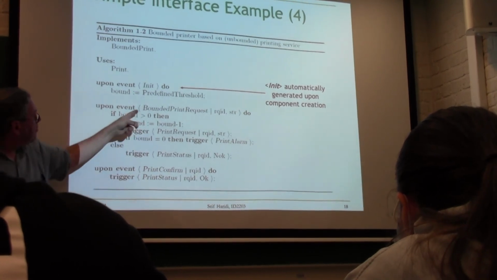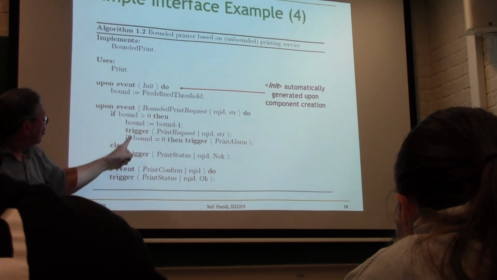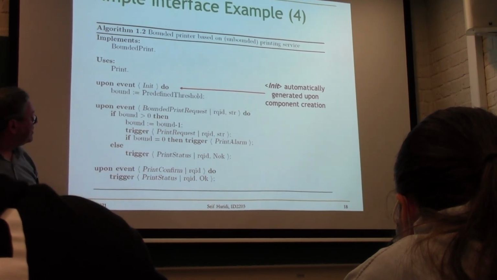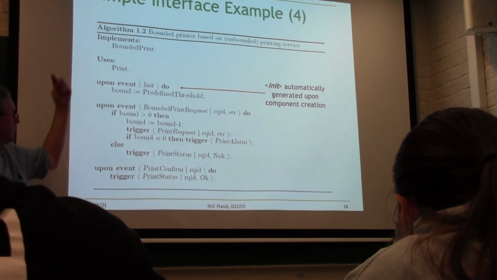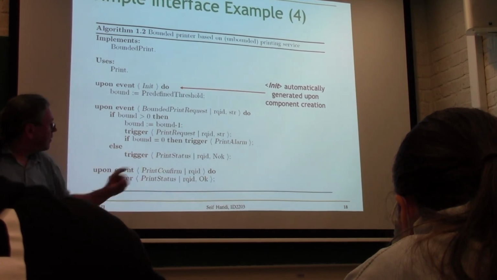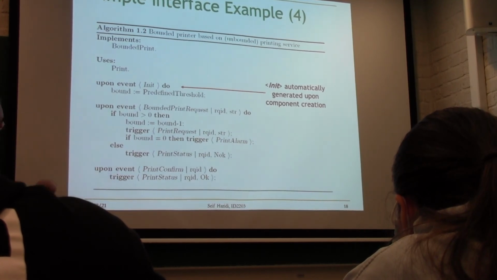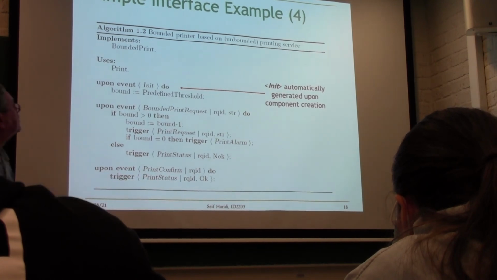When you get a bound print request, if bound is greater than 0, then decrement the bound and trigger a print request. If the bound is 0, then trigger print alarm, so it tells you there's an alarm. Otherwise, print status is not okay if the bound is 0. And if you get print confirm, then you do print status okay.